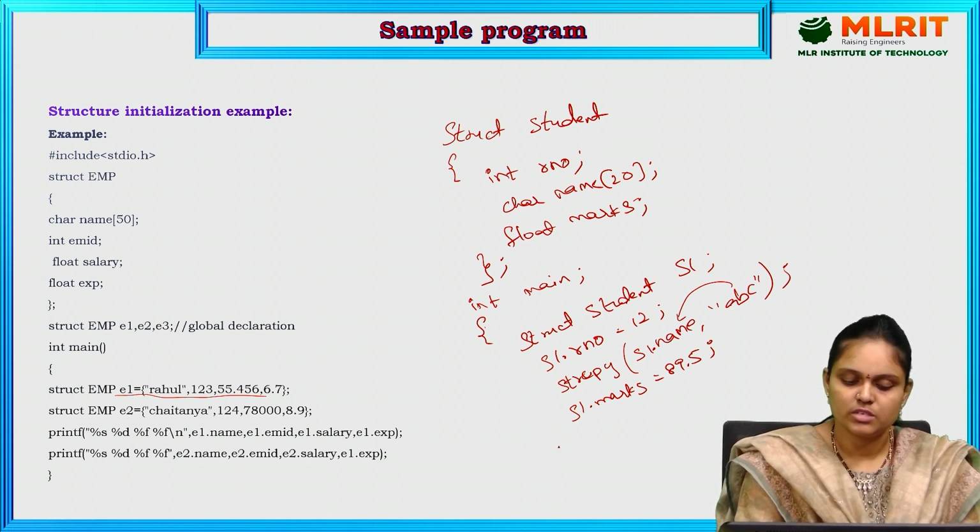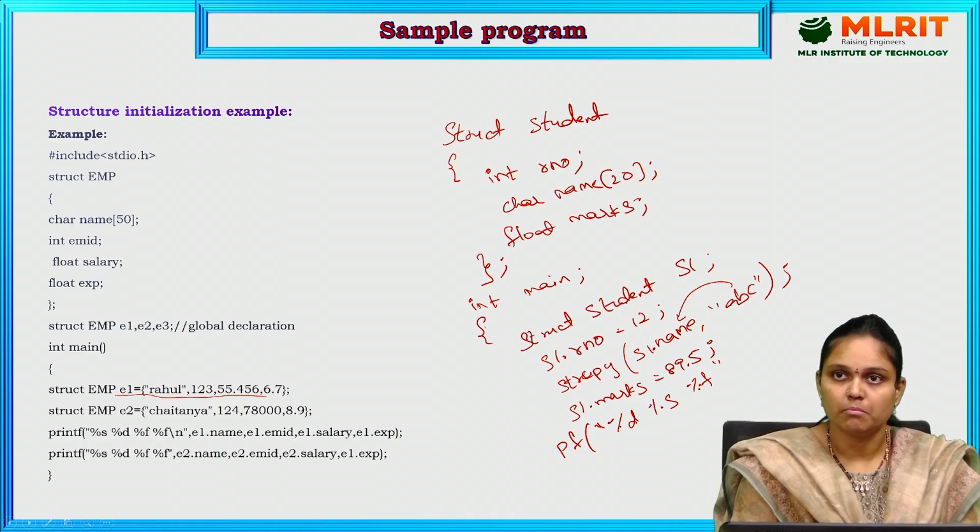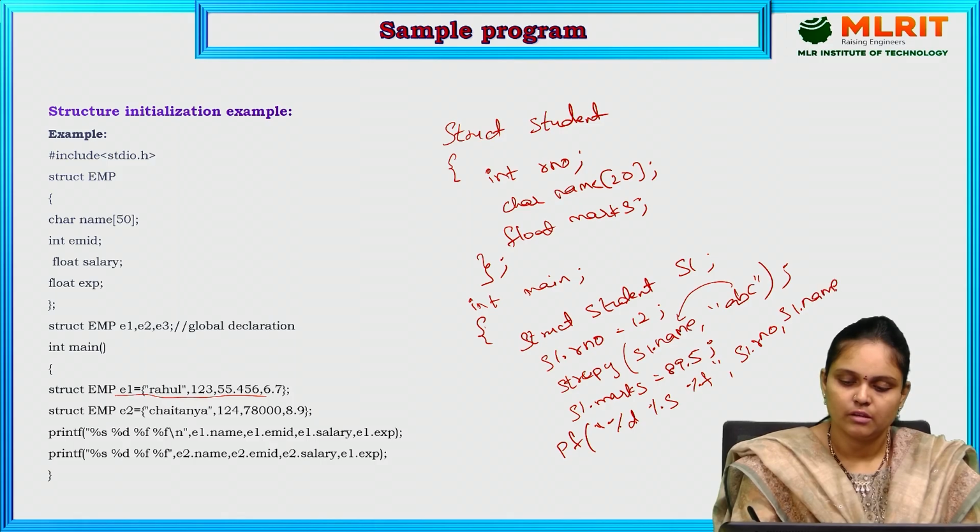Again, by using the printf statement we can print all the values: %d is used for roll number, %s for name, and %f for marks, followed by s1.rollnumber, s1.name, s1.marks.